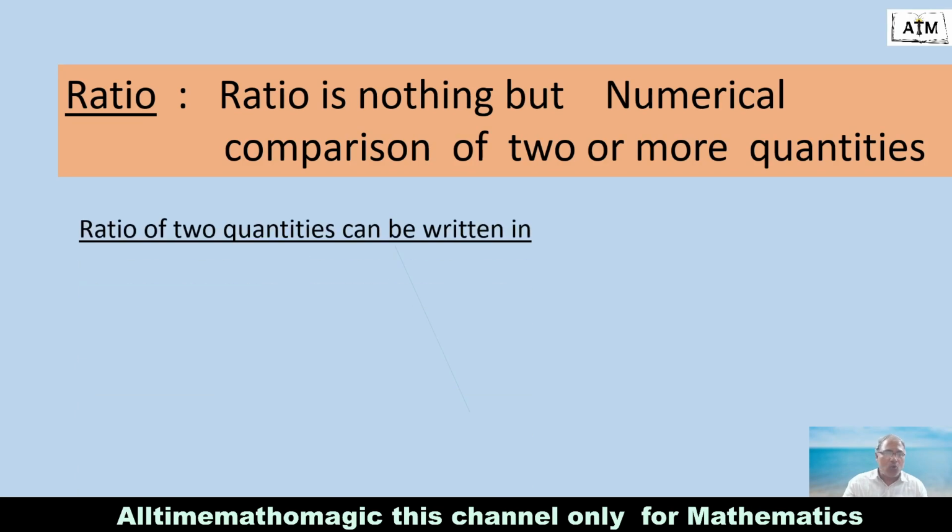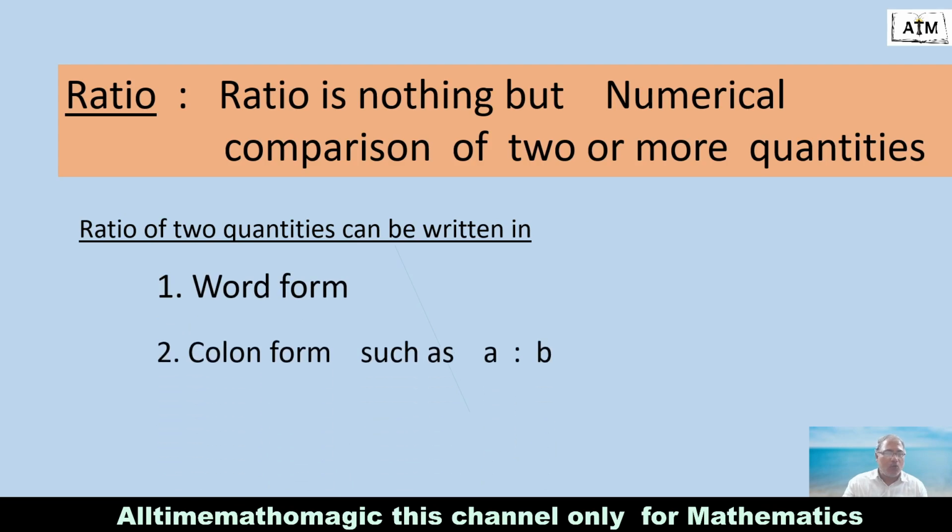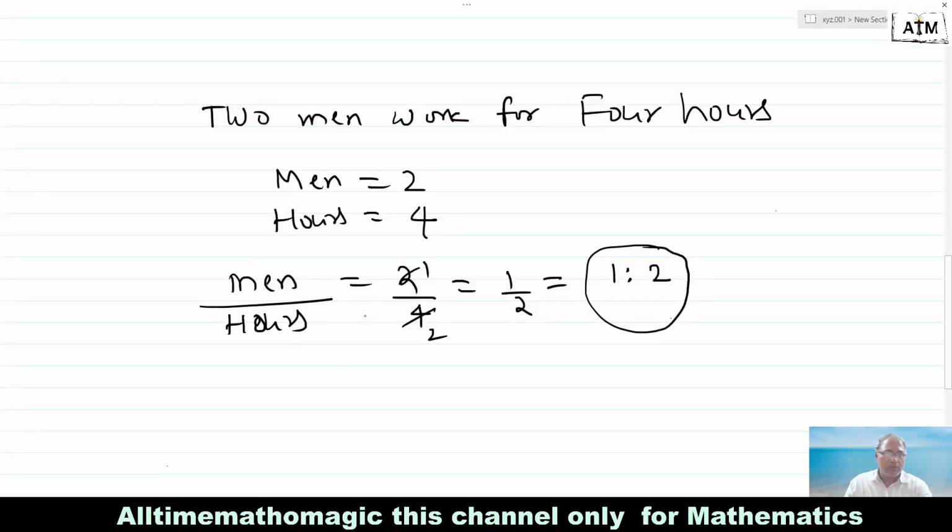The ratio of two quantities can be written in word form, colon form such as A is to B, and fractional form such as A upon B. Here, "two men work for 4 hours" is the word form of providing information regarding ratio.